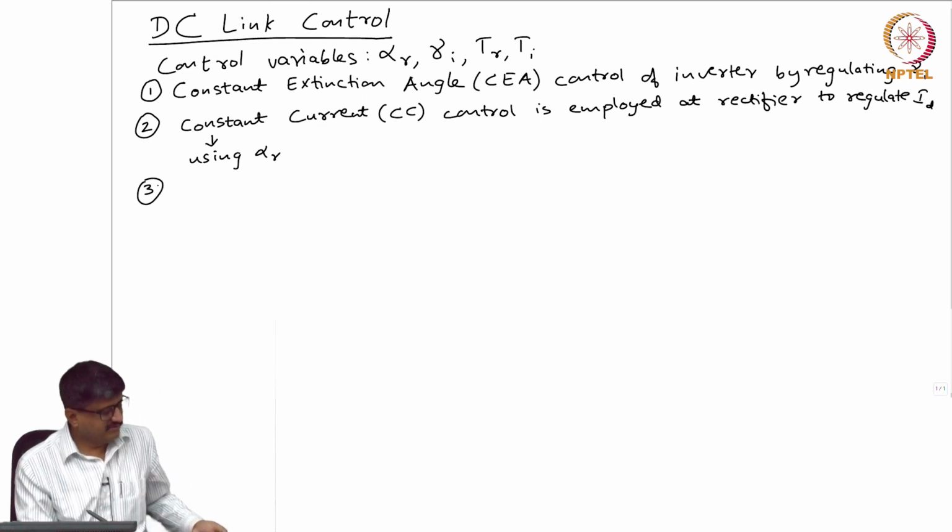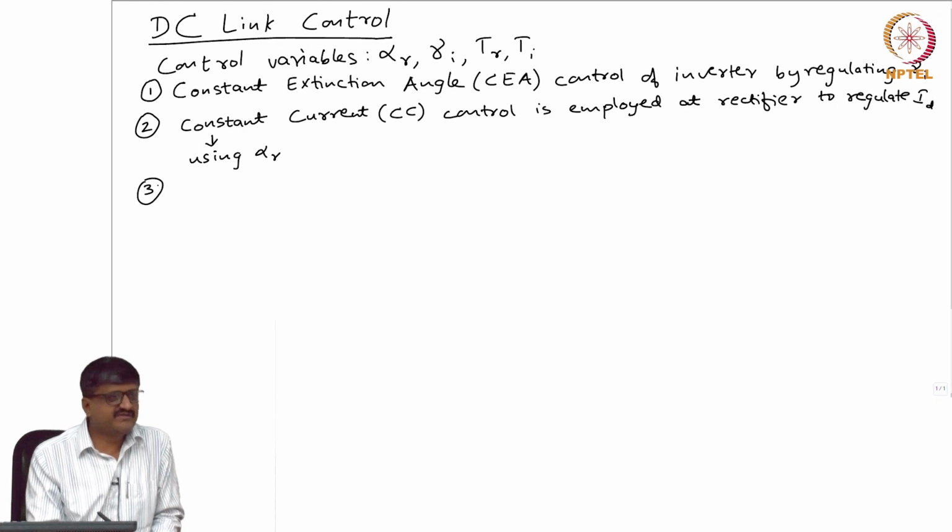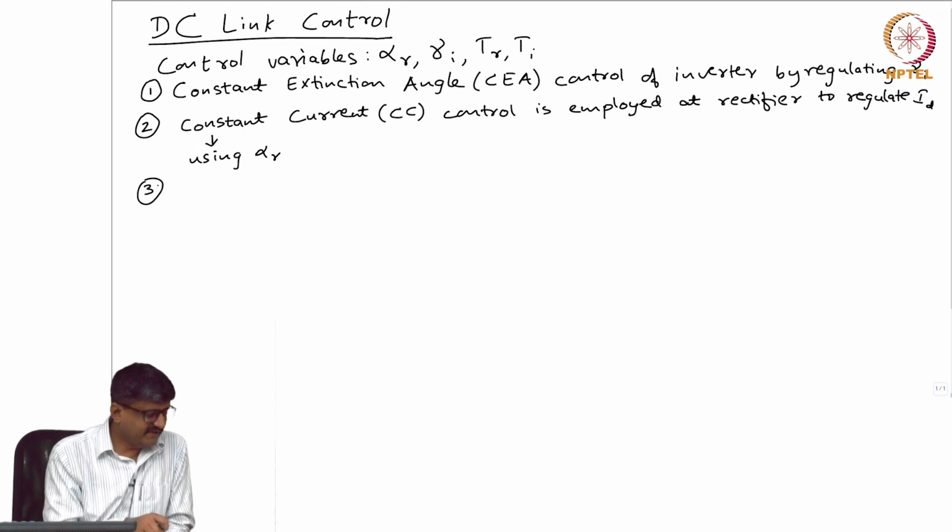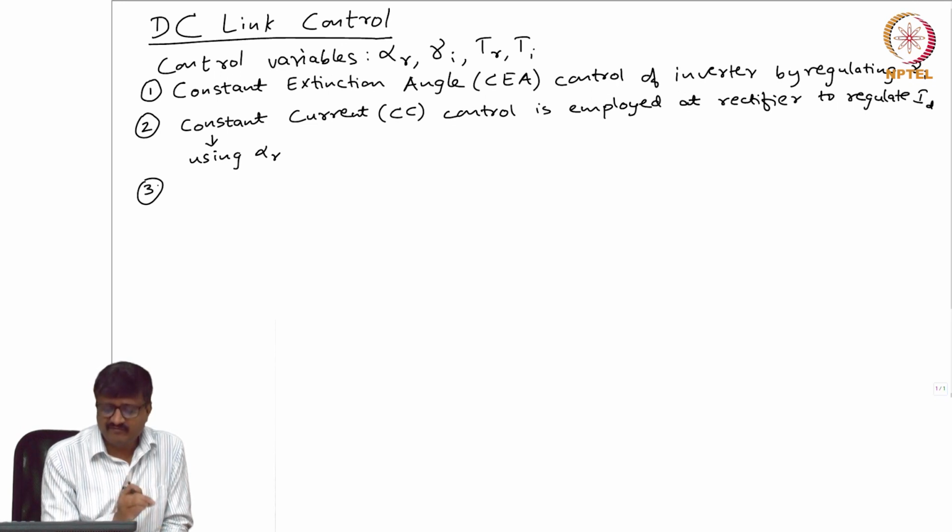Then we also use the 2 slow controls, TR and TI. TR is the on-load tap ratio, actually off nominal tap ratio at the rectifier side. Off nominal tap ratio means something which has a nominal value 1. In practice it is close to 1, greater than 1 or less than 1.